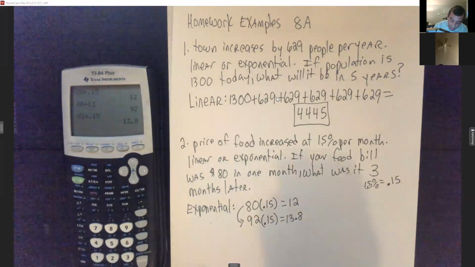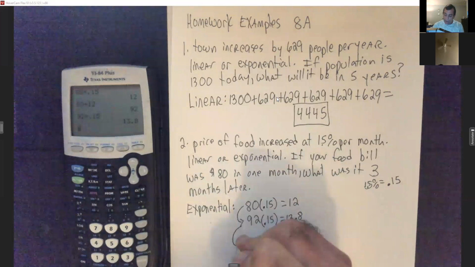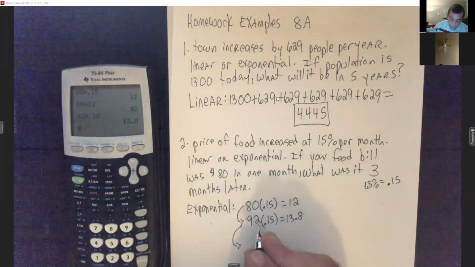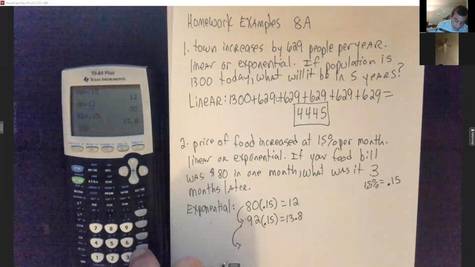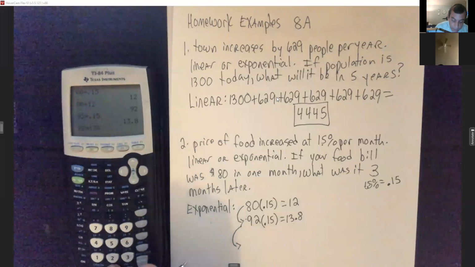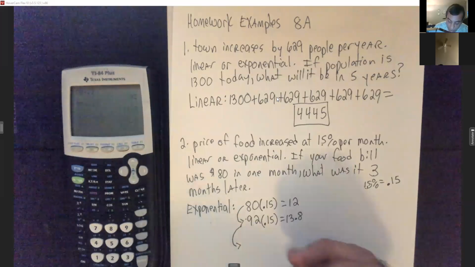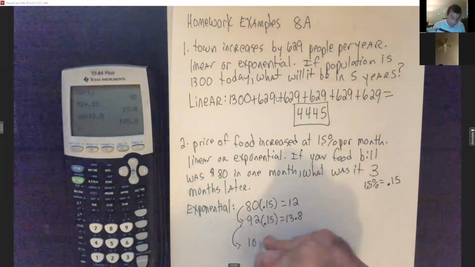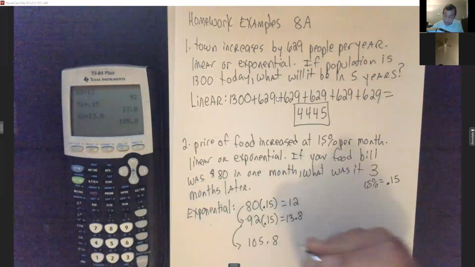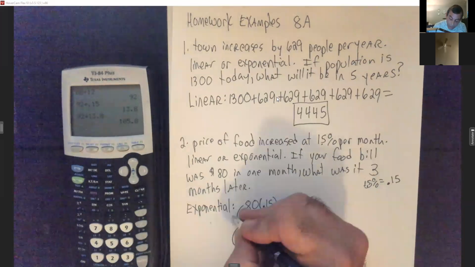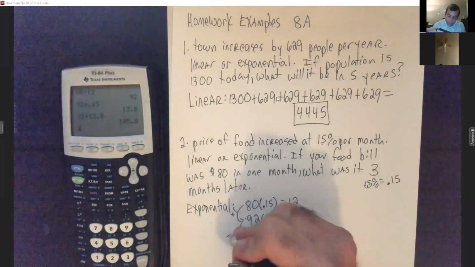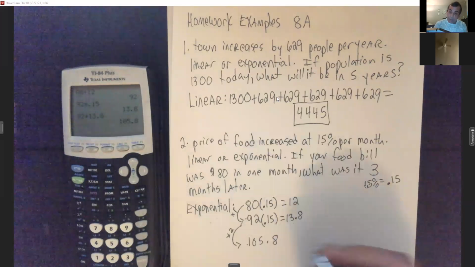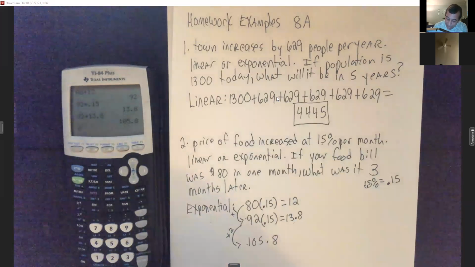So after 1 month, now we're going to figure out 92 plus that 13.8 is going to give me 105.8. But remember, this is from the starting month to the first month to the second month. I got to do this one more time.